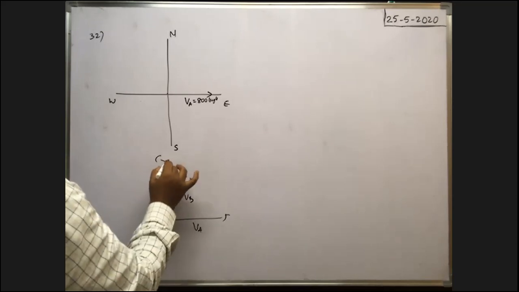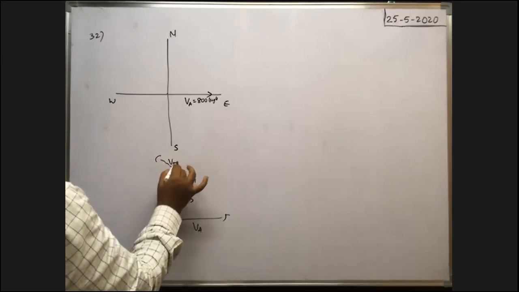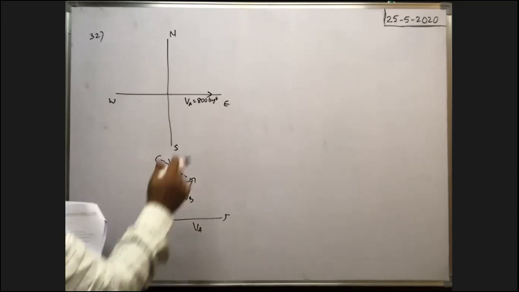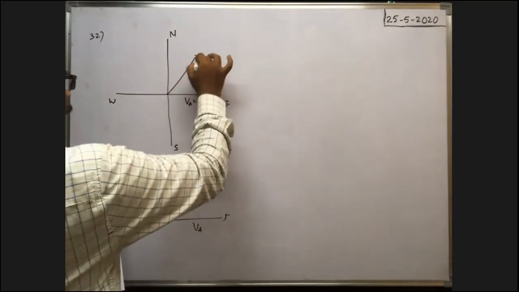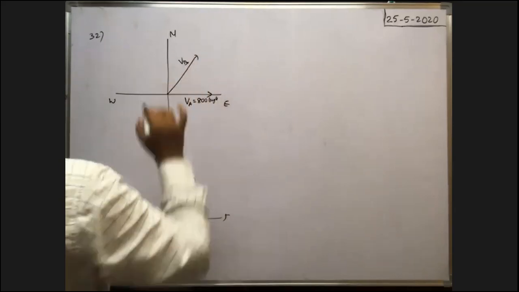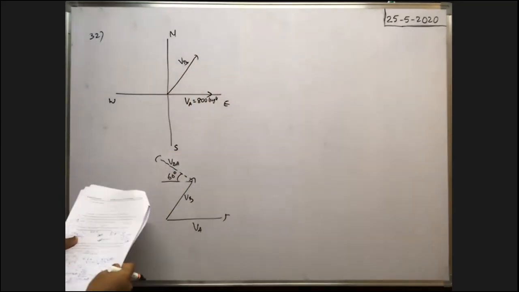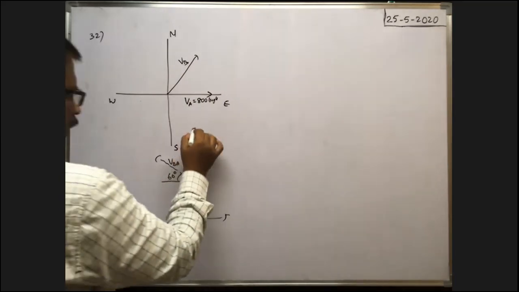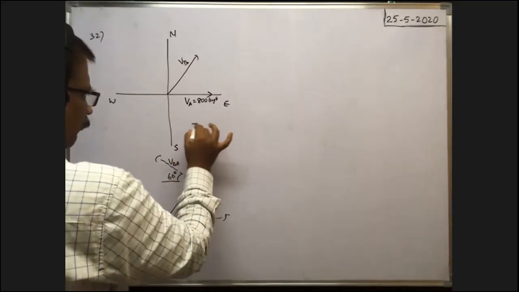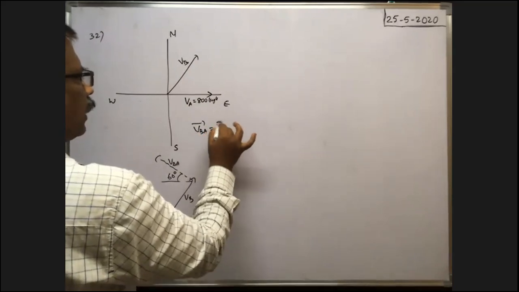That is the velocity of plane B with respect to A. So you see here, the velocity of A is in this direction, the velocity of plane B is in this direction. VB is not given, the velocity of plane A is given. Now the velocity of plane B with respect to A, VBA bar, is equal to VB bar minus VA bar.